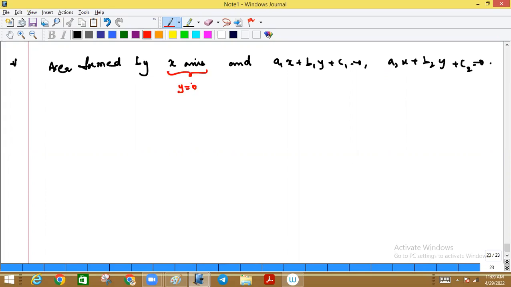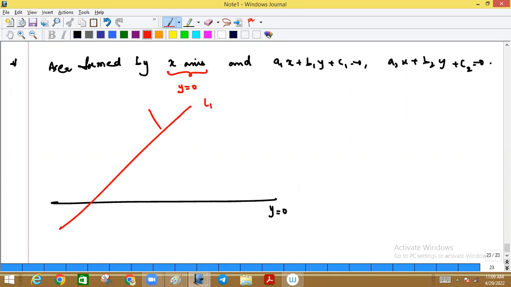Y equal to 0. Now see here. This is y is equal to 0. Let's say this is one line, line 1, and this is line 2. Wherever it cuts the x-axis, you put y equal to 0 in it. Then what is x? Negative c1 by a1. What is x in this?